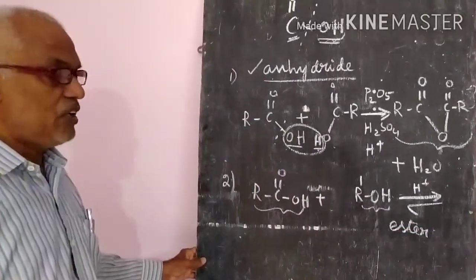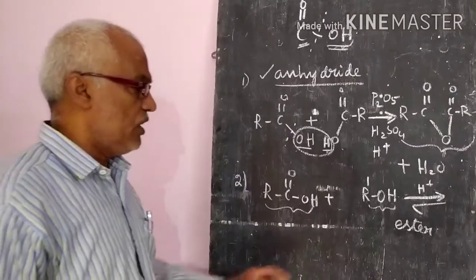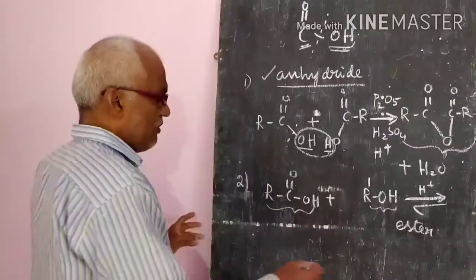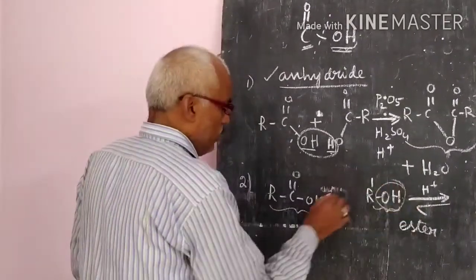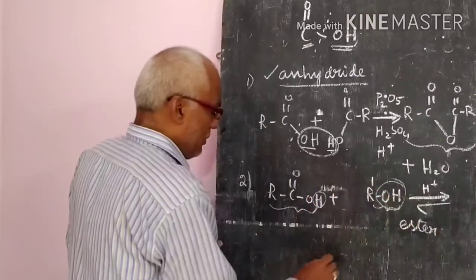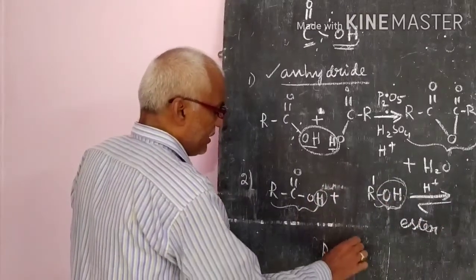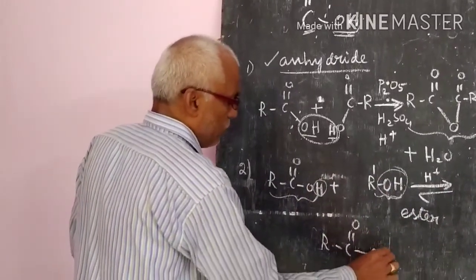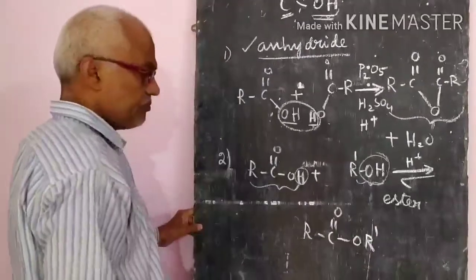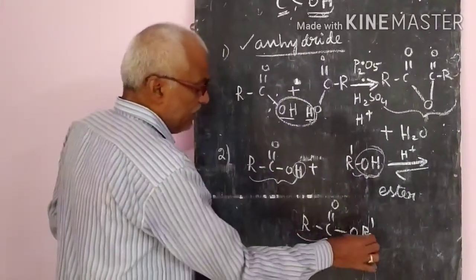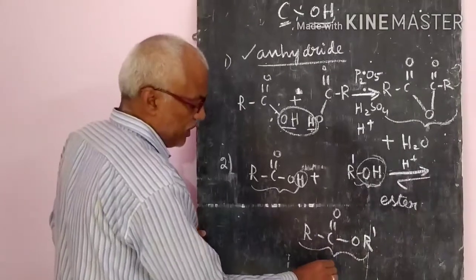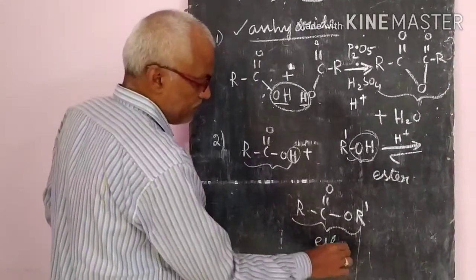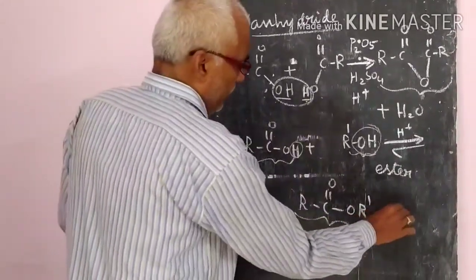This reaction we call esterification, formation of ester. OH and H are removed as water, and you get RC double bond O, OR dash. These are called esters. The water is removed.